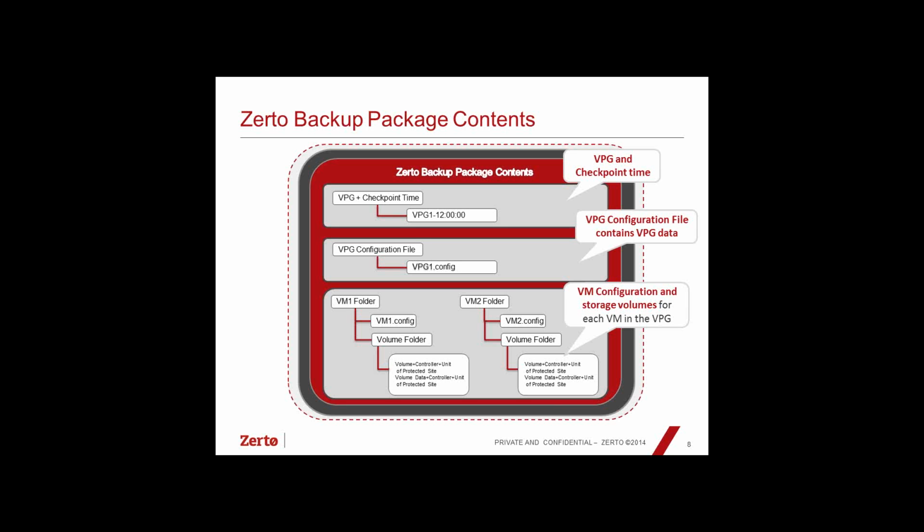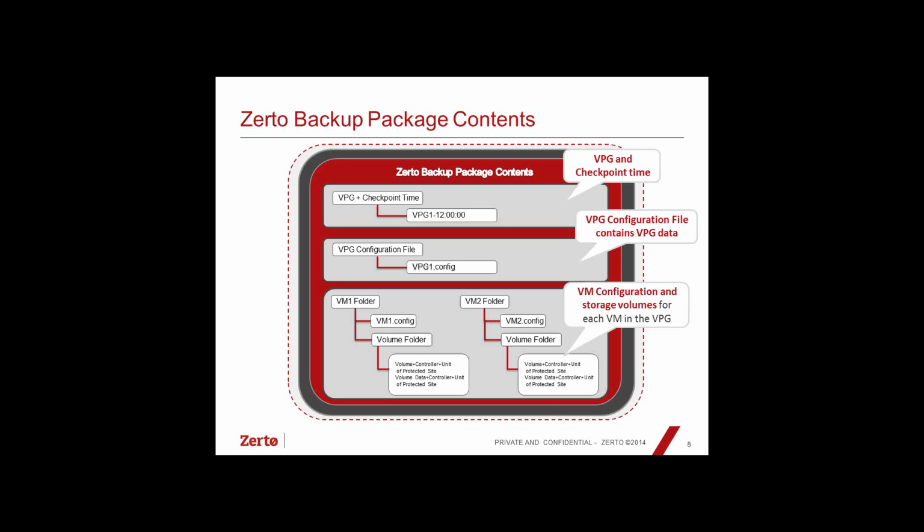Now, looking at the package, just breaking open what's in there, we have the VPG and the checkpoint time, so it just gives you the checkpoint that the backup package was created, and the VPG information.